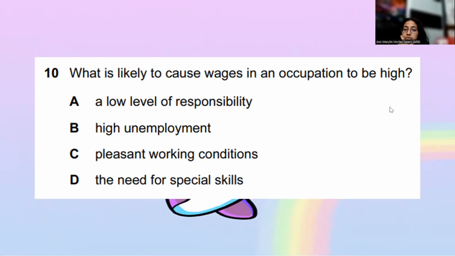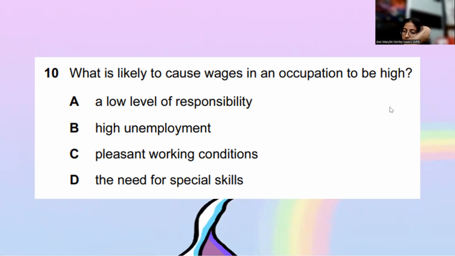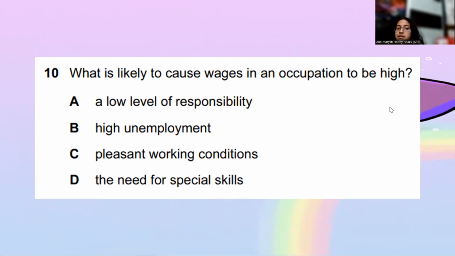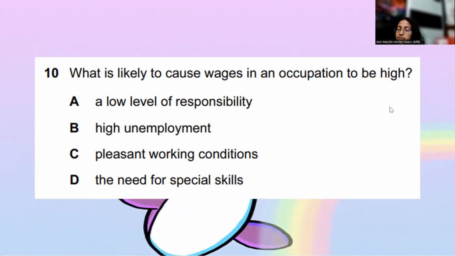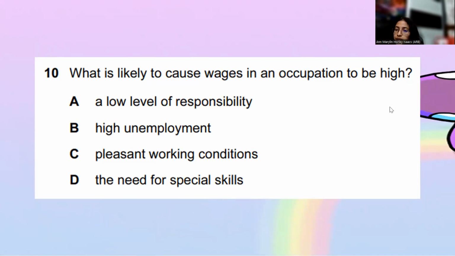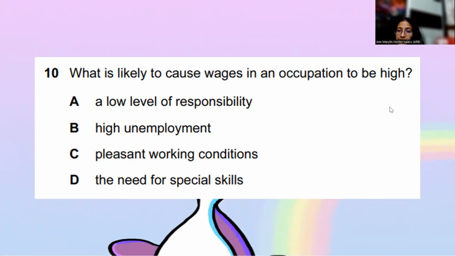What is likely to cause wages in an occupation to be high? A low level of responsibility. Now, that's why economics is called a social study, isn't it? Because in any firm, if you are a junior executive or a blue collar worker, generally the level of responsibility attached to these types of employees is very, very little.